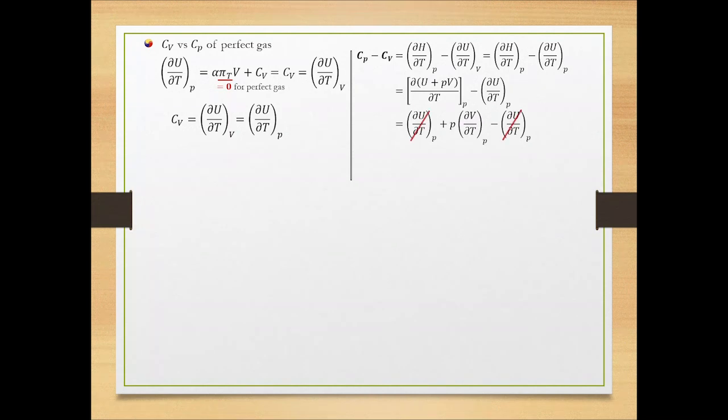So Cp minus Cv is equal to P times the partial derivative of V with respect to T at constant P.